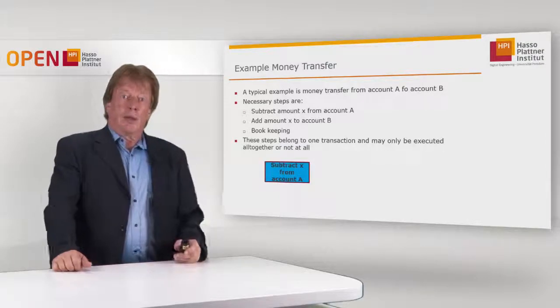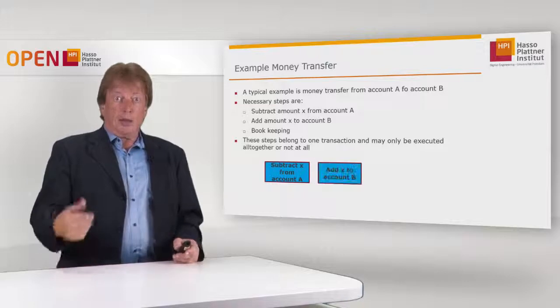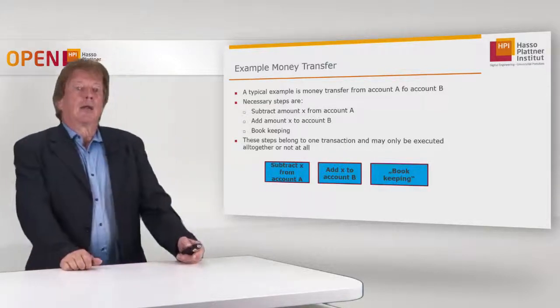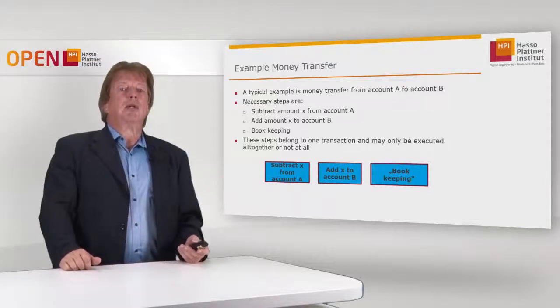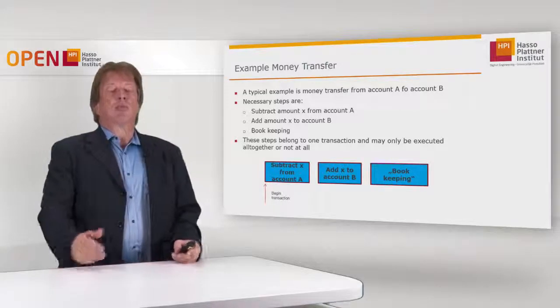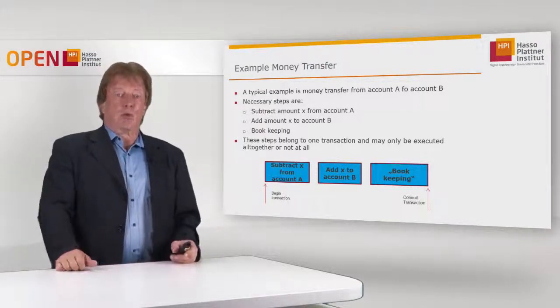So again, these three steps: subtract the amount from account A, add the amount to account B, and do the bookkeeping. And we start the work with a begin statement, meaning now a transaction begins, and at the end we have a so-called commit.